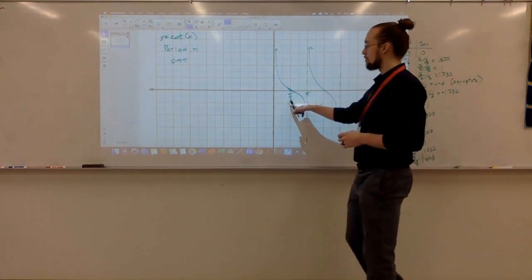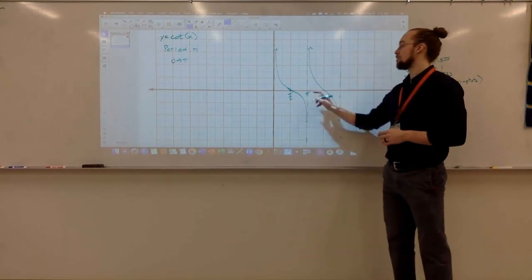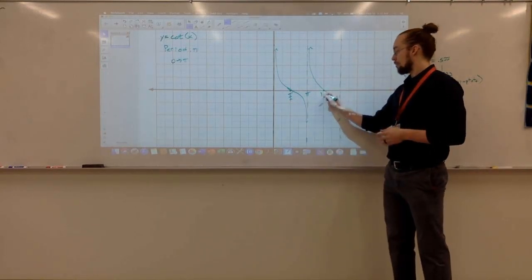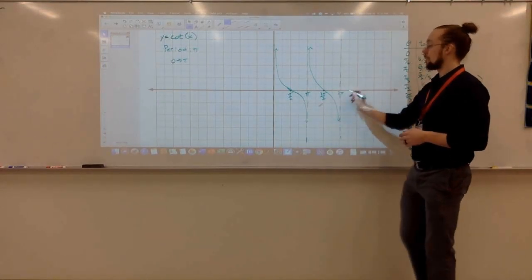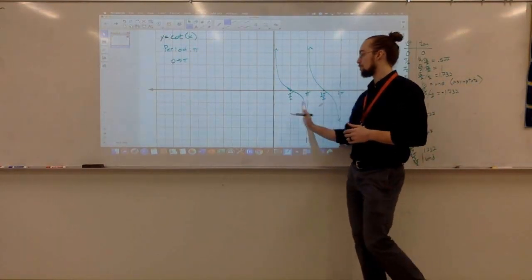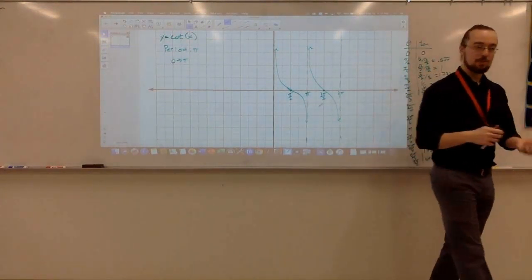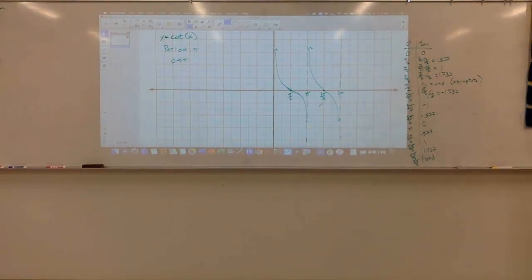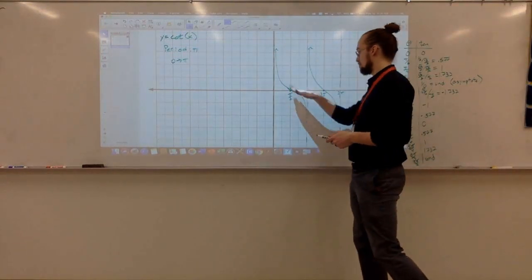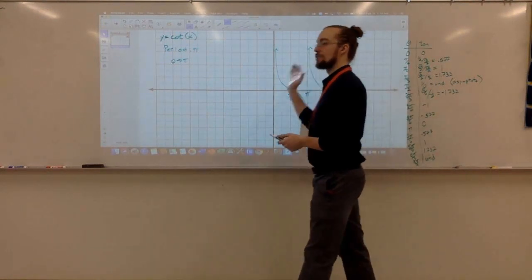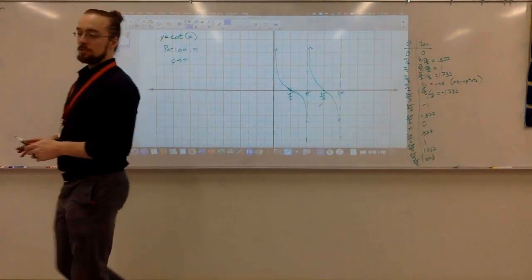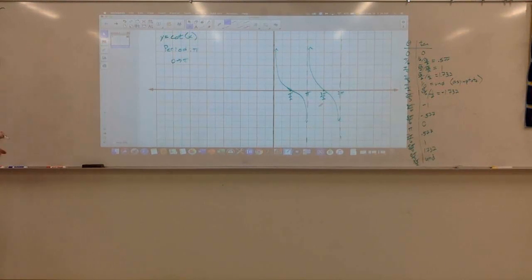The x-intercepts then would be pi over 2, 3 pi over 2, 5 pi over 2. Okay, but one period just goes from 0 to pi. The x-intercept then would be at pi over 2. Again, it's backwards, right? Tangent is an increasing function. Cotangent is a decreasing function.